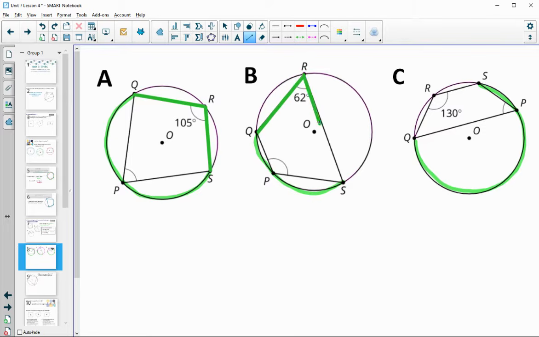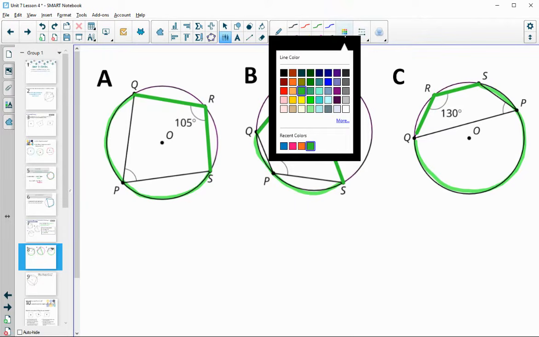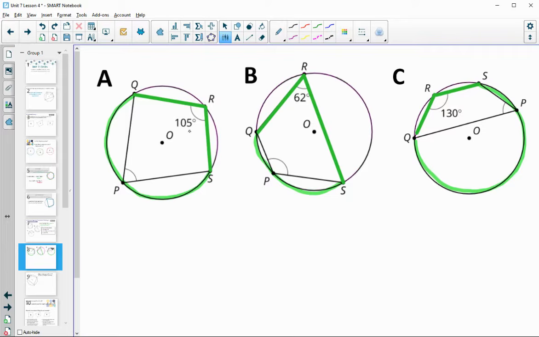We can also see it in the next one, and again in this one. That'll help us get the arc measure. Remember that an inscribed angle is always equal to half of its intercepted arc. So if we have the angle, we can just multiply it by 2 to get the size of the arc. So 105 times 2 gave us 210. 62 times 2 gives us 124. 130 times 2 gives us 260.